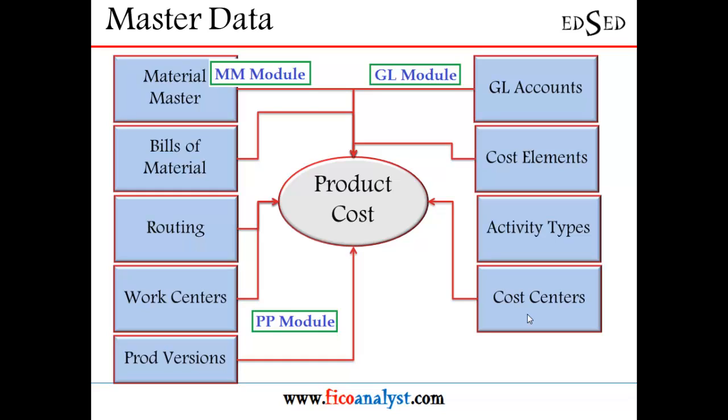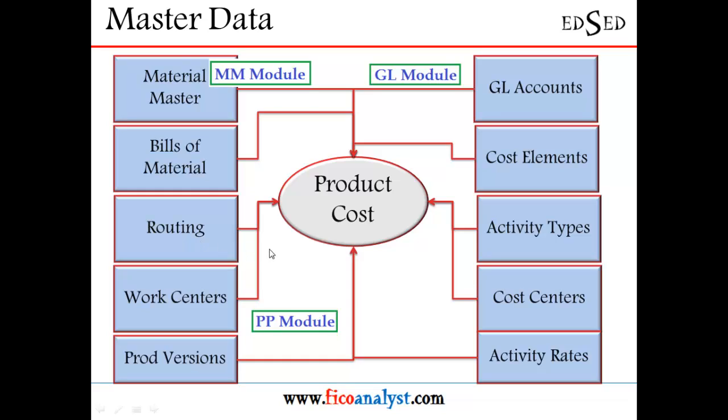So activity types are a very crucial part of your product costing. And for the activity type and cost center combination, you maintain something called activity rates. Activity rates are also important because these rates are taken into consideration for the calculation of product cost, and the final product cost will come up with these activity rates times the number of hours which are performed in routing operations.